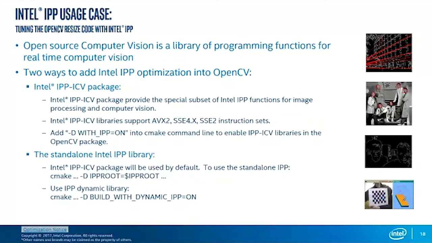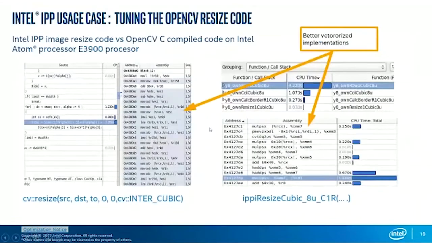One is the IPP ICV package, and another is the standalone Intel IPP library. So what's the benefit with IPP? Here is the use case. With IPP, you can achieve a better vectorized implementation.